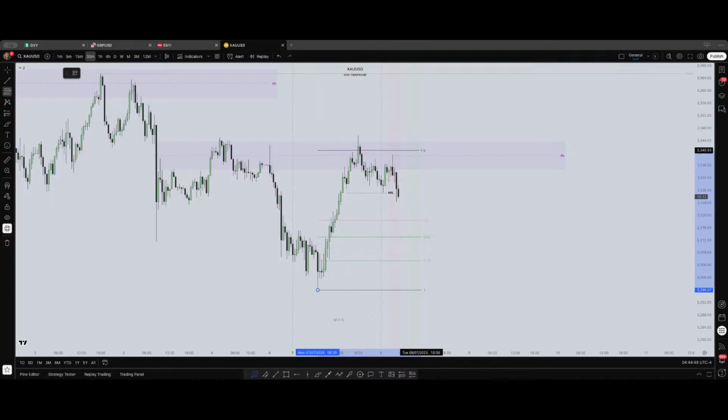Another possibility is price coming here to this area and then continuing higher. As you can see here, price also formed relative equal highs. These are areas which price will later like to smash. Let me put this nicely like this.